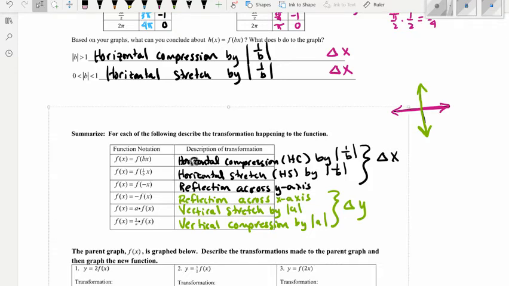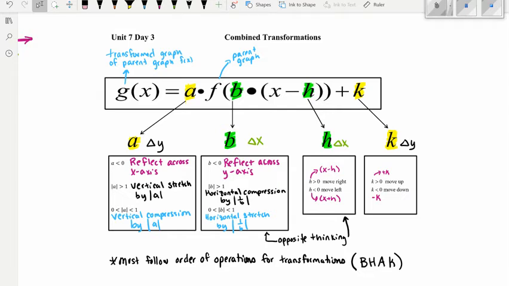graphic organizer. So we have this graphic organizer here that kind of puts it all together for us. So this g of x that we have right here just stands for the transformed graph. So the transformed graph of what? The transformed graph of the parent graph, which in this case is f of x, because the f is over here with the transformations.